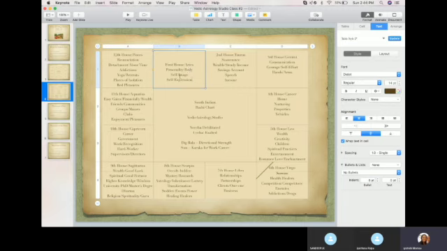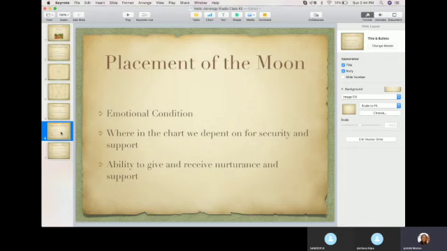Now, I'm going to leave this up here and we'll talk about the Moon. Okay, so we look at where the Moon is placed. And wherever that placement of the Moon is, it's where we have our emotional security.